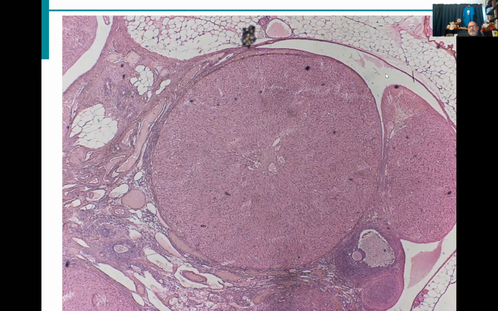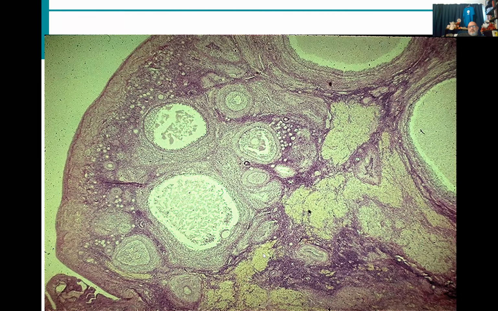Here's another example of a big, huge corpus luteum. But eventually, it goes from this big, dark, stained, massive glandular structure to these tiny, shriveled up, typically very pale looking structures that are the corpus albicans.